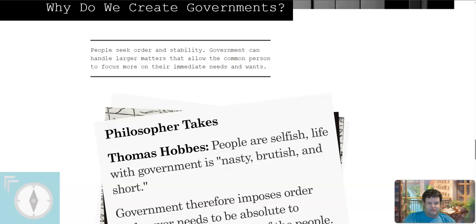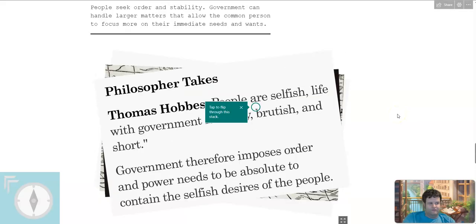So let's turn to the Enlightenment, where a lot of America's political history draws inspiration from. So let's take a look. There's 2 philosophers we're going to look at in particular, Thomas Hobbes and Locke. Let's start with Hobbes.